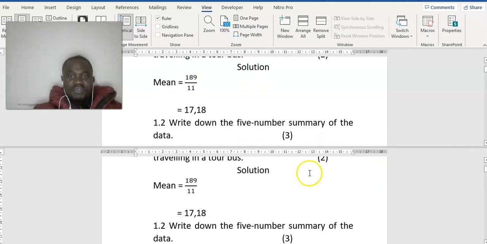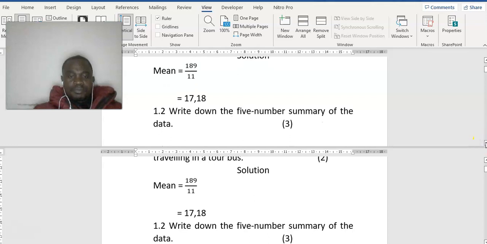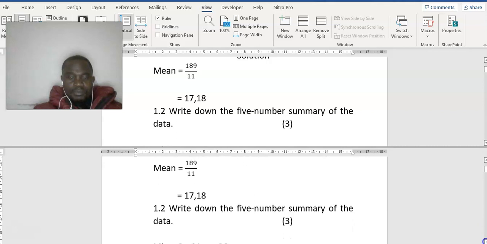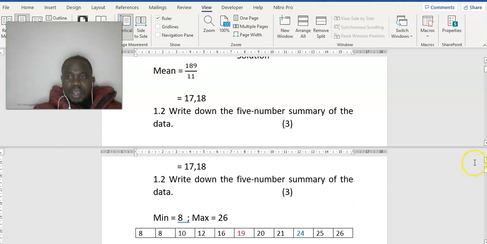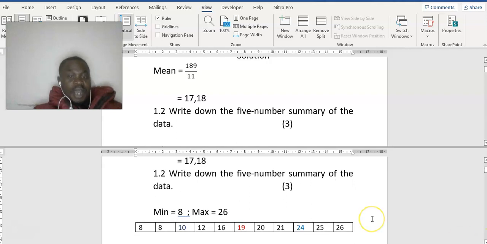Write down the 5 number summary of the data. So for our 5 number summary, we need the minimum, maximum, Q1, Q2, Q3. How are we going to find them? Okay, so this is the data that was given to us.